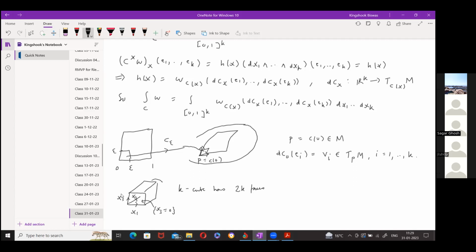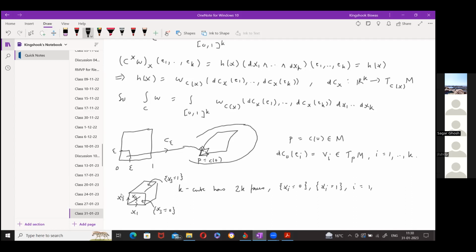And this top face will be x3 equal to 1. Right? So in general, the faces are going to be xi equal to 0 and xi equal to 1, where i goes from 1 to k.